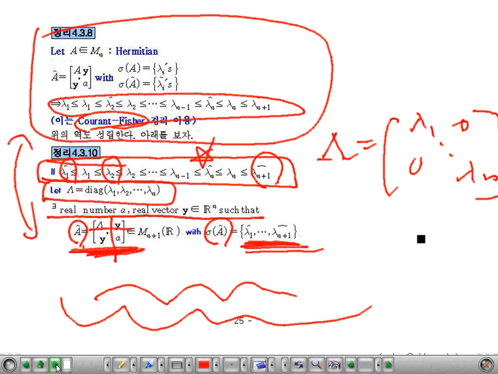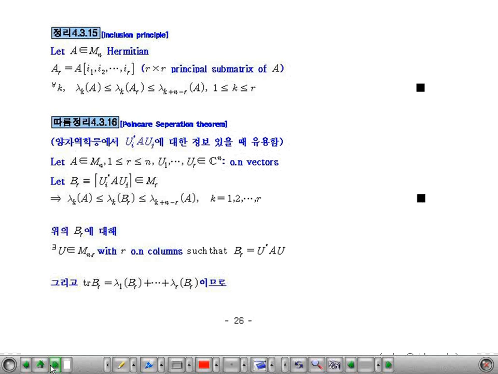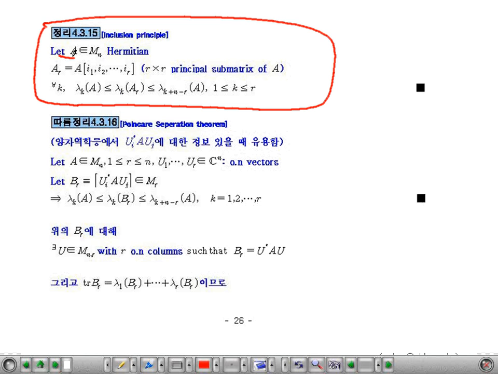Okay. Next, the inclusion principle. Here, let A be a Hermitian matrix, and A_R be the R by R principal submatrix of A. Lambda K of A satisfies these inequalities.